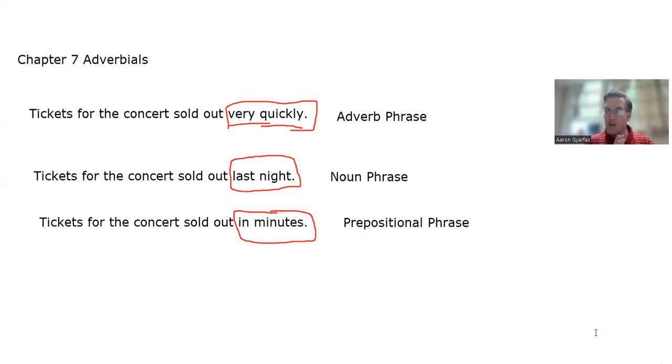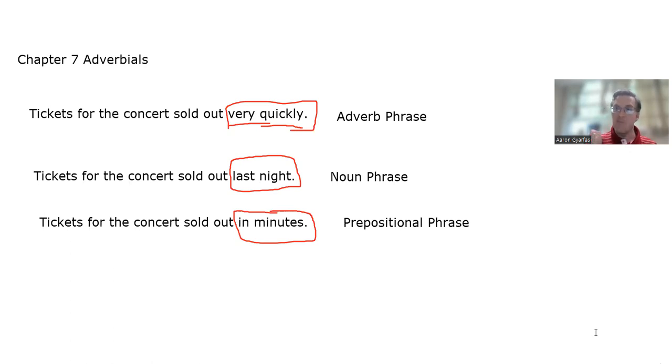I think it's very easy to see that it's doing almost the exact same thing as the adverb phrase. It's telling me that these tickets sold out very fast, very quickly, in minutes. It's a different part of speech. It's a prepositional phrase, not an adverb phrase, not a noun phrase. They're all different kinds of phrases, but they are all performing the same function.